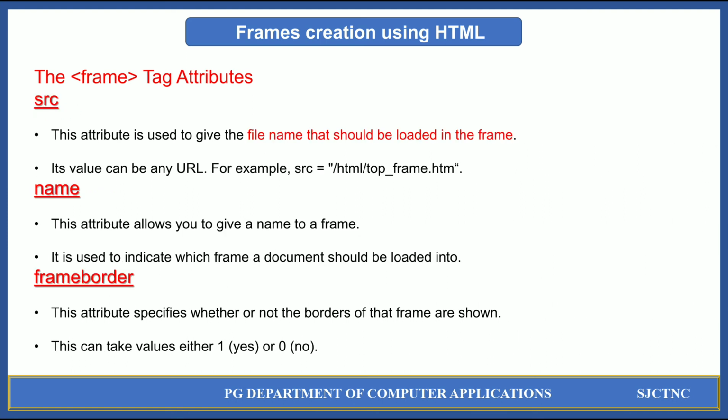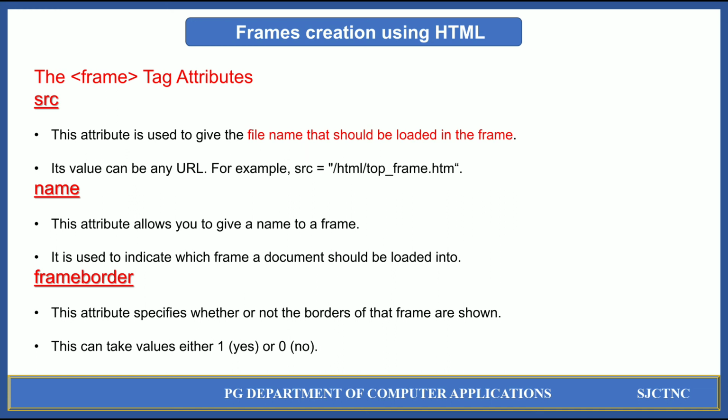Then we can see the attributes of the frame tag. First one is src. Already we know that src means it mentions the path of that file. It gives the file name that is loaded in that frame. Second one is name.